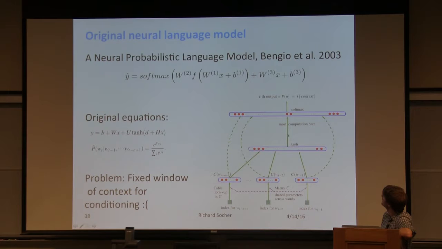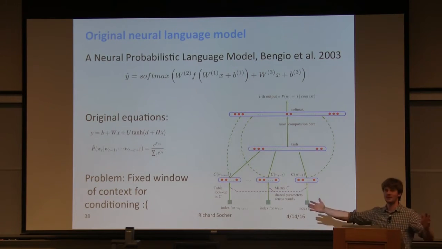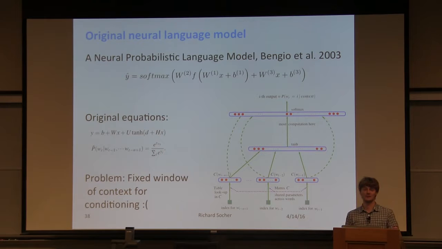That's just a tanh. And then you have here a softmax, and now instead of having just 2 or 3 classes that we might have in named entity recognition, you have a lot of classes, because the output is basically the size of your vocabulary. And that's just the probability for the next word at time step t being exactly this word ID, given this context of the previous n words.